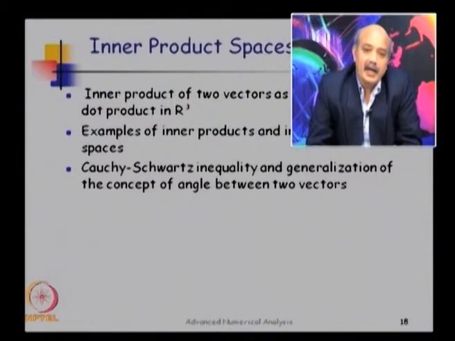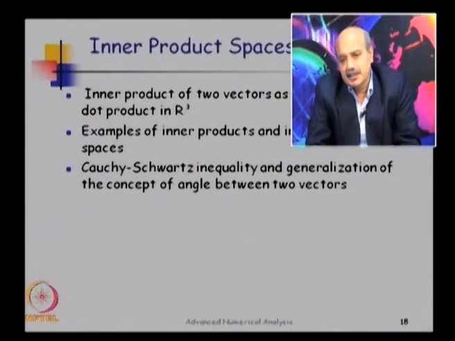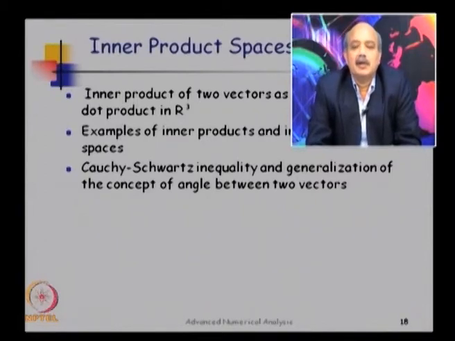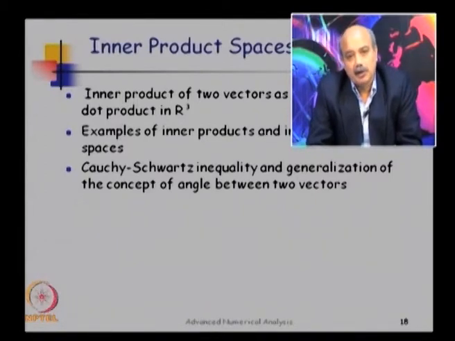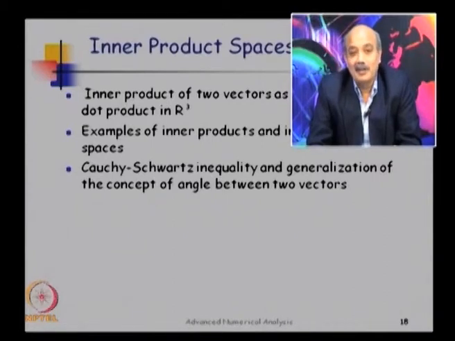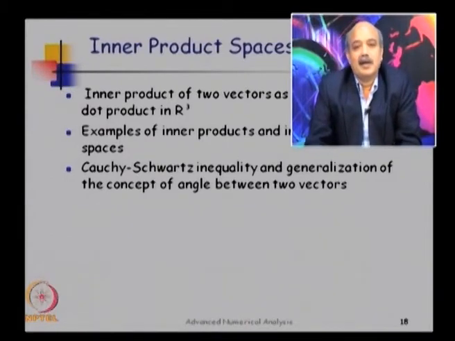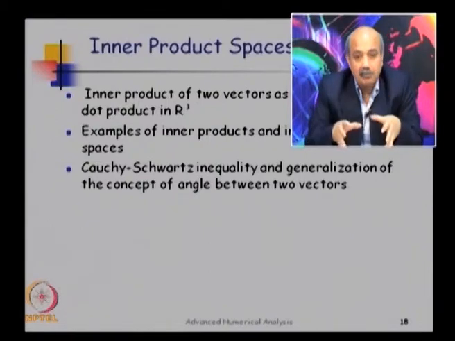So if I have vectors A and B, I find unit vectors along A and along B, and then I take a dot product which gives me cos theta between A and B. A generalization of this particular concept in inner product spaces is nothing but the so called Cauchy-Schwarz inequality. The name Cauchy-Schwarz inequality might sound very intimidating, but this is a very fundamental result in inner product spaces, and it will help us to define the angle between two vectors.